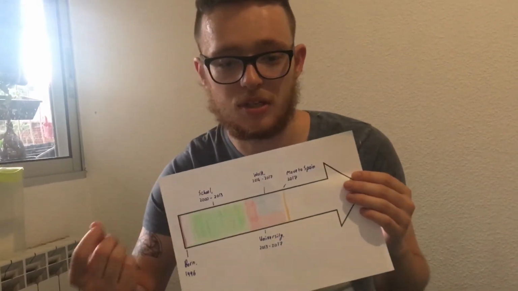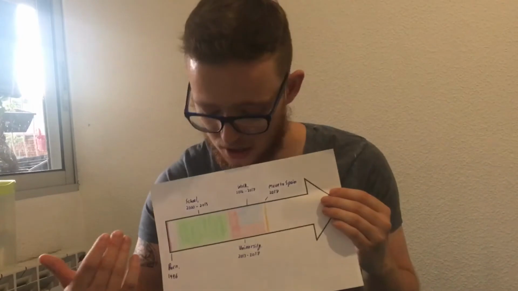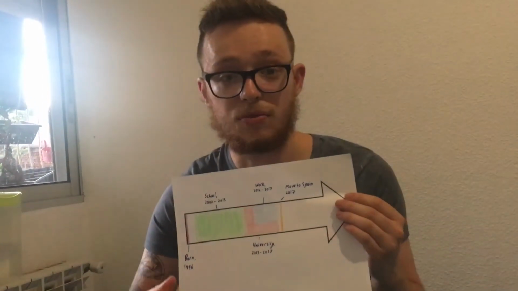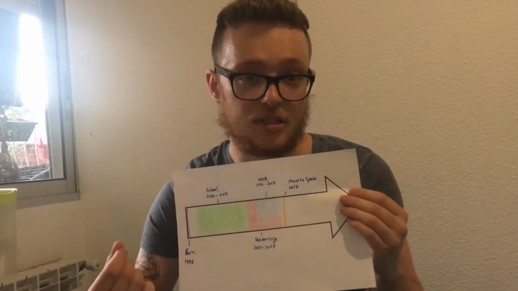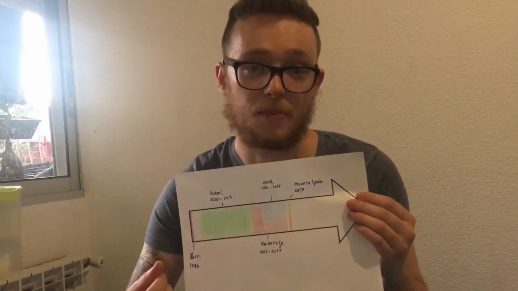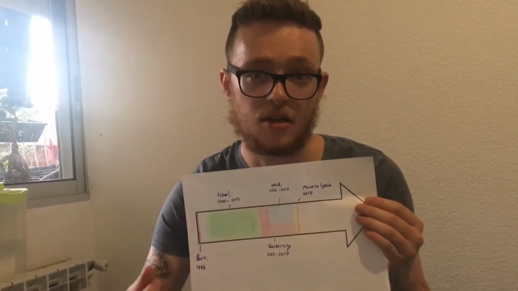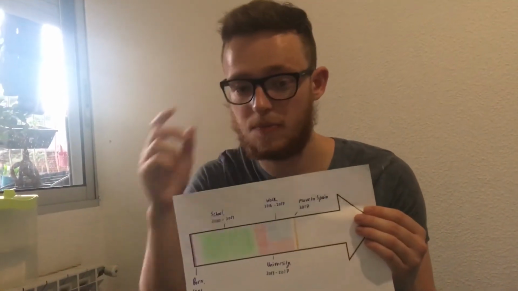And you can see that there's a couple of things to talk about here. Obviously I've coloured everything in different colours to differentiate different events or periods of time, so that it's clear. That's an important thing about timelines, is that they have to be clear and easy to read, because otherwise there's really no point in making one.